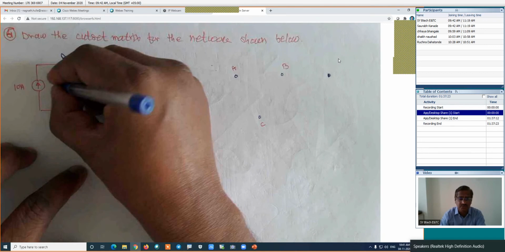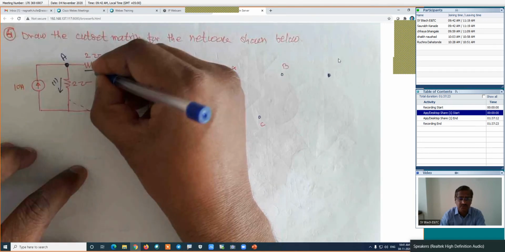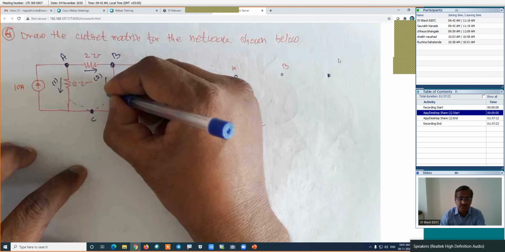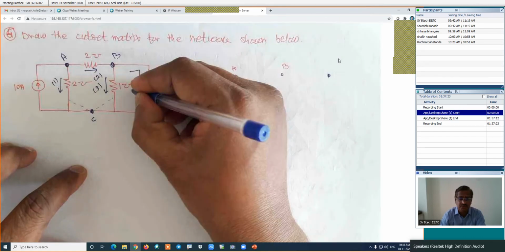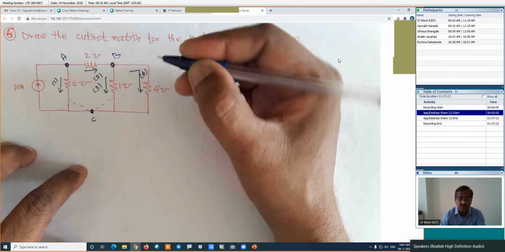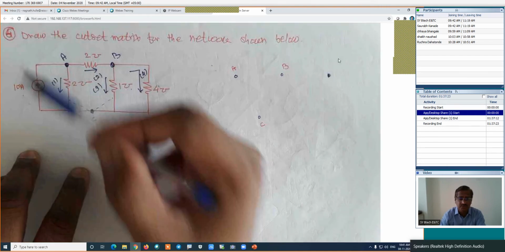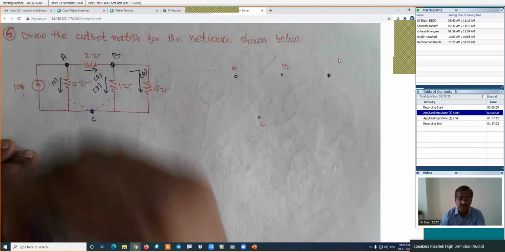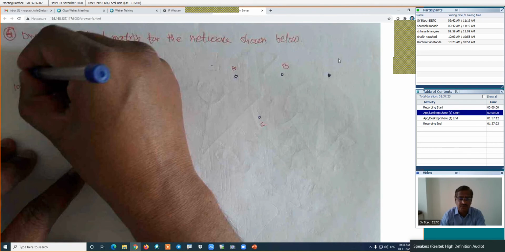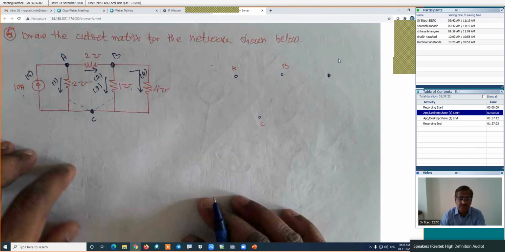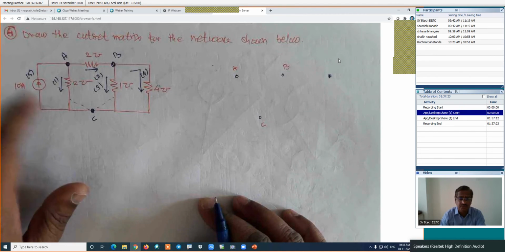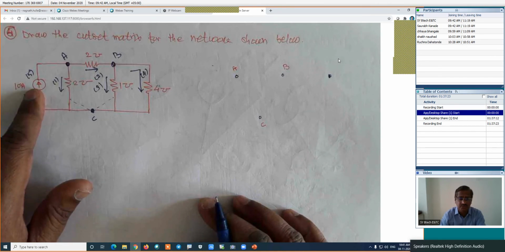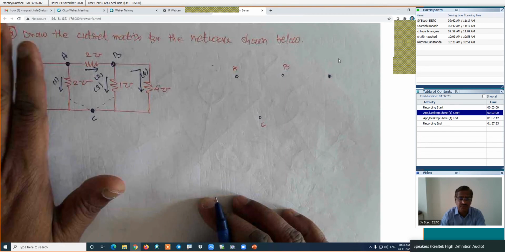I will name it as branch number 1. This is forward, I will name it as branch number 2. This is downward, I will name it as branch number 3. And it is also downward, I will name it as branch number 4. The current source would be branch number 5, but we will not consider it because it should be replaced by its internal resistance, and the internal resistance of the current source is infinite.